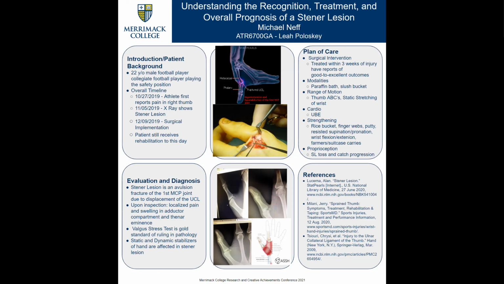When it comes to cardio, of course, we can do your typical cardio on a treadmill, elliptical, or simply running on the track. But since this is an upper extremity injury, the UBE, or upper body ergometer, would be preferred.